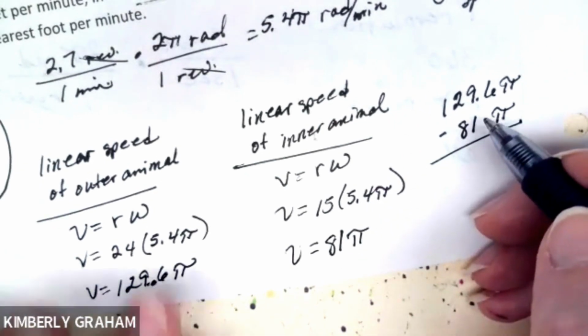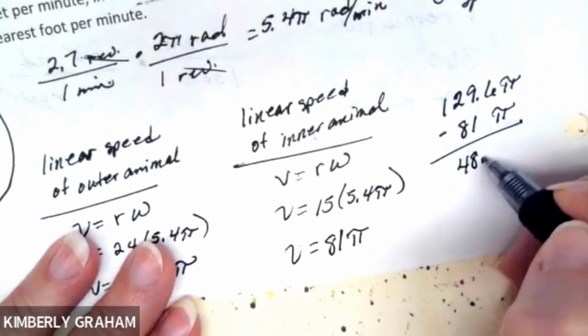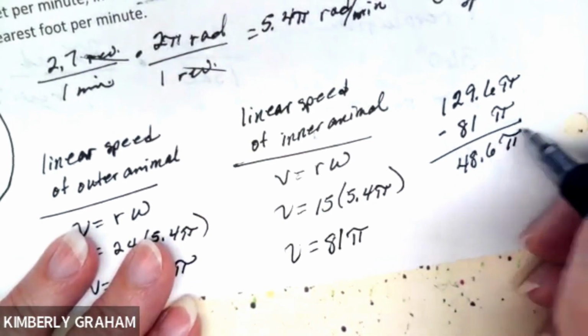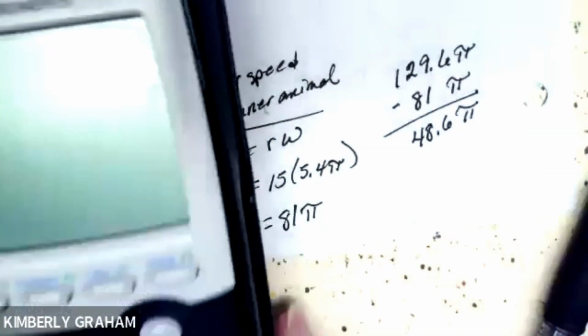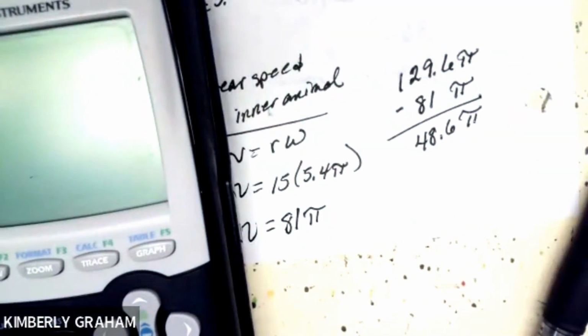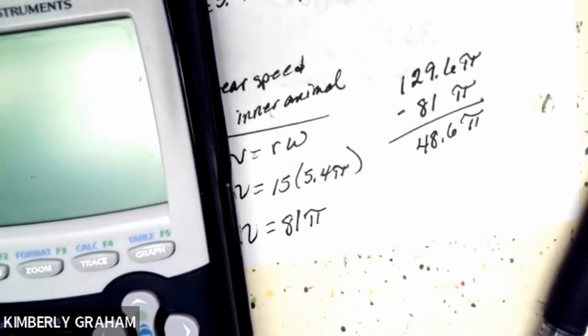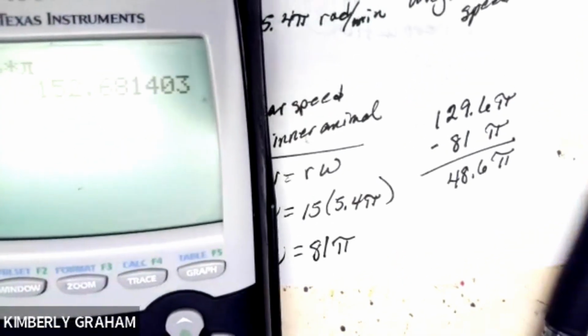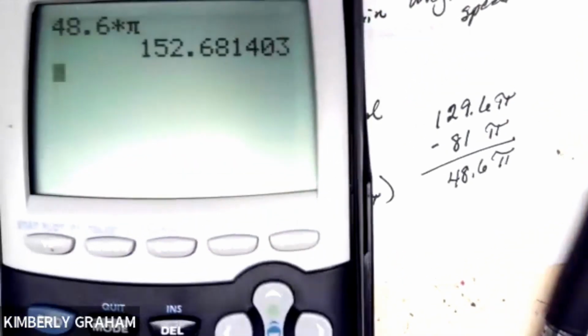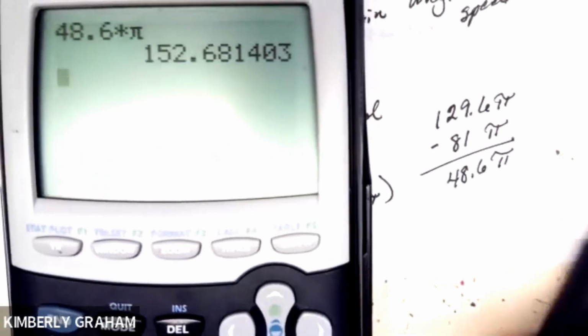And that's going to give me 48.6 pi. That's the difference in their speeds. And if I want to get this to the nearest foot per minute, that's going to be 153 feet per minute.